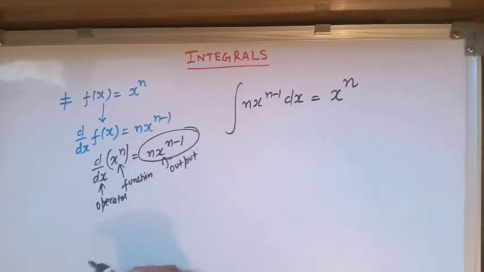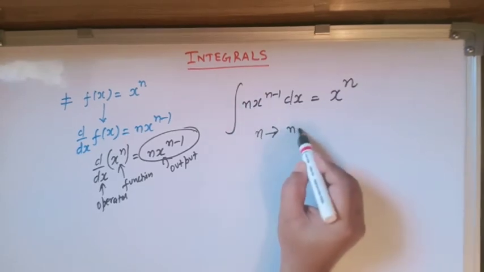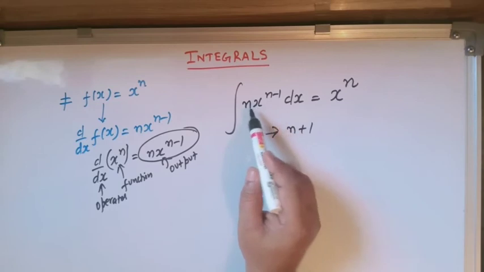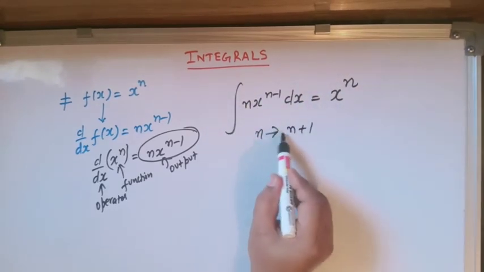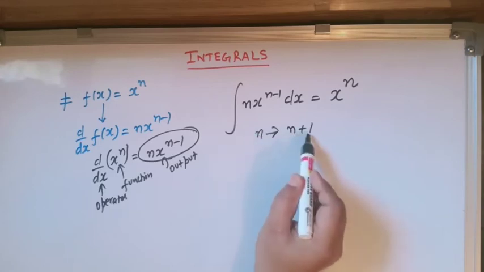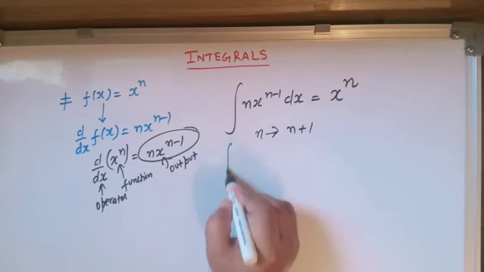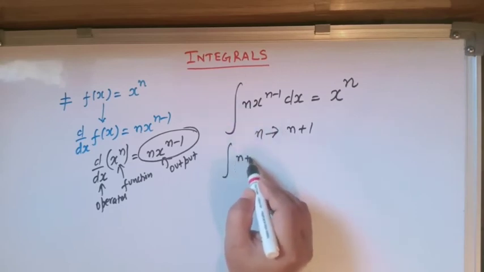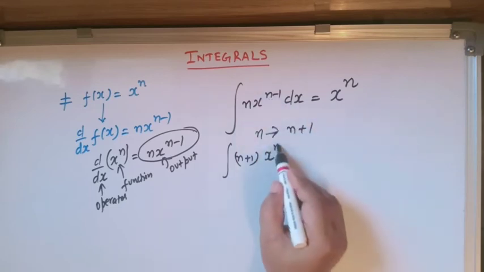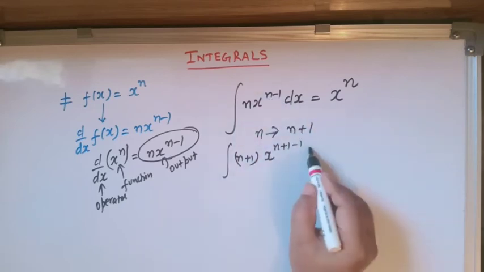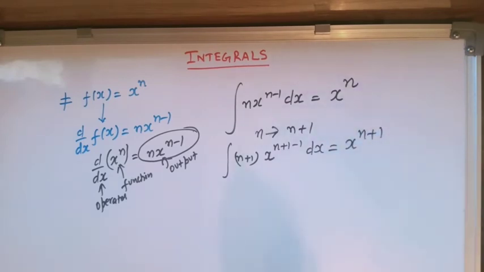Clear? Now if I replace n by n plus 1 in this expression, let us see what I get. Here we have n plus 1, and here we have n plus 1 minus 1 of dx, and here we have n plus 1.